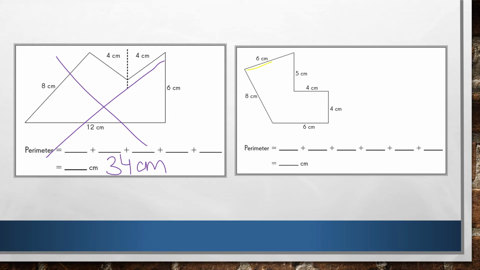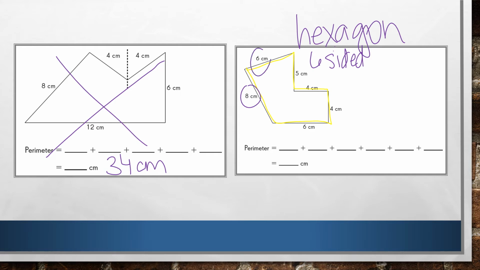So we see that we have 1, 2, 3, 4, 5, 6-sided shape. Remind yourself what a 6-sided shape is called. Yep, it's a hexagon. Hexa is the prefix that helps us know 6. All right, let's add those in. Circle them as I use them. I'm going to go ahead and do 8 plus 6.